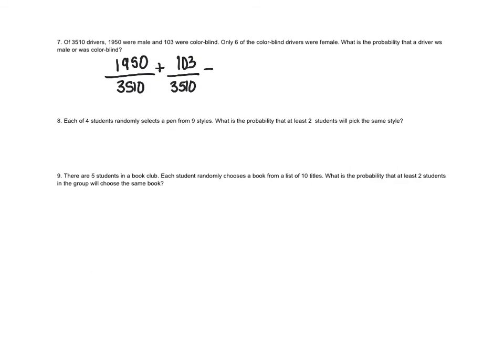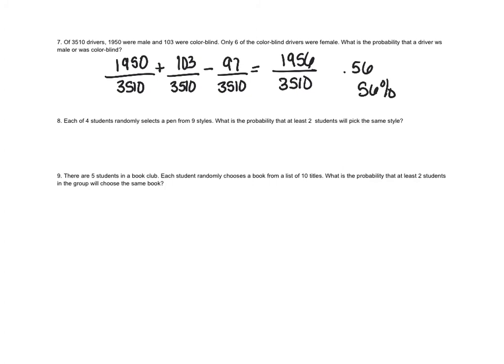Minus the double ups, so that means we're subtracting the 124 that we used twice of the males. So there we get 1,950 plus 130 minus 124, 1,956 over 3,510. Divide that out, and that percentage is 0.56 or 56%.